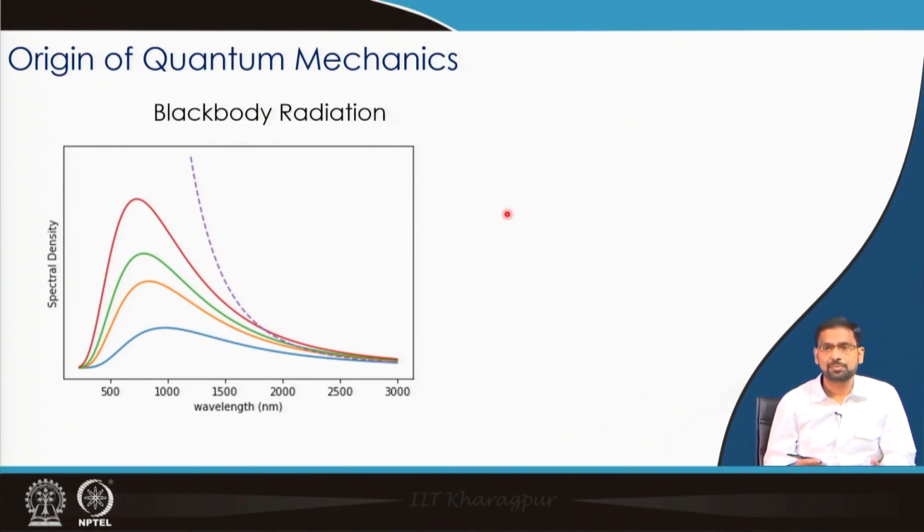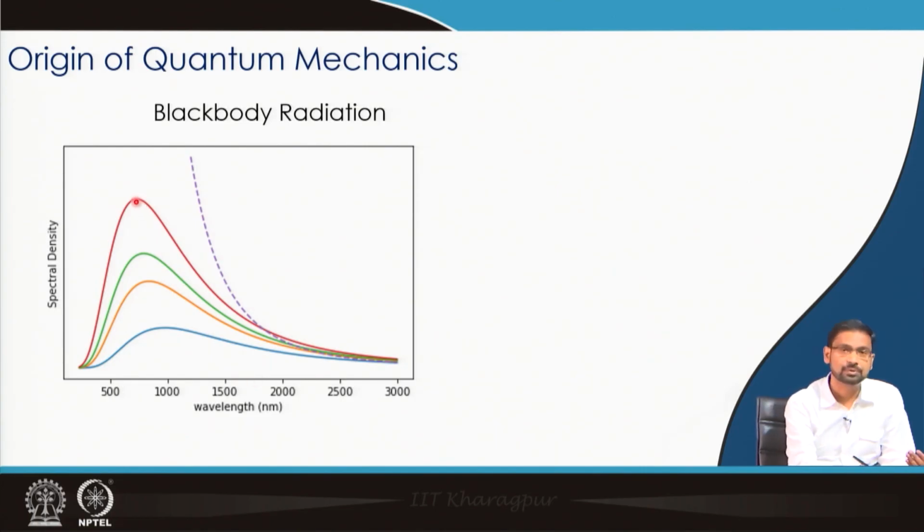Now, when you heat a black body and observe its emission spectrum, or its spectral density, that means which wavelength it emits by what amount, this is what we get. For example, this plot shows the spectral density versus wavelength. The different curves in this diagram represent the black body radiation at different temperatures.